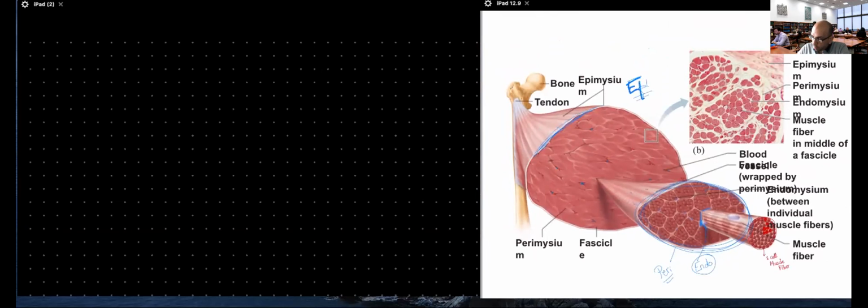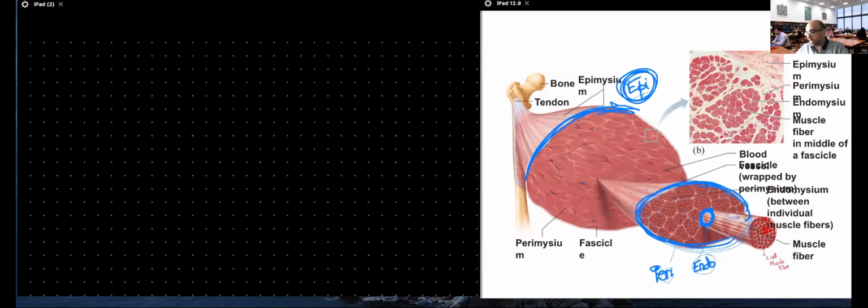Epi on top. So surrounding each muscle cell, each muscle fiber, this is inside endomysium. Surrounding a bundle of muscle cells, this is my perimysium. Surrounding the whole muscle is going to be my epimysium.